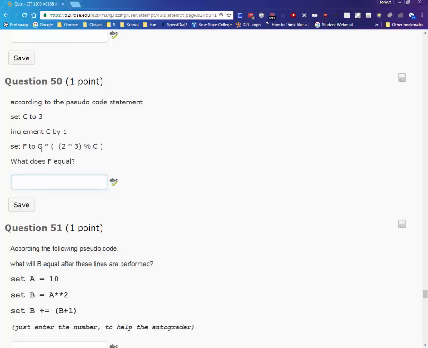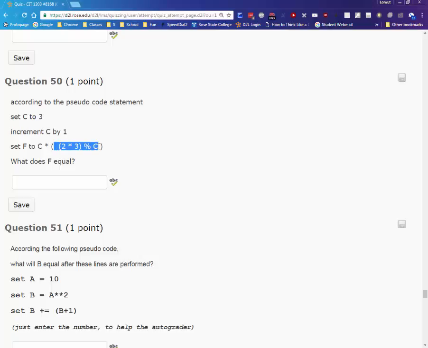Let's see if we can do it in our head. C is 3, and then we're going to increment C by 1. So at this point, C is equal to 4. Now we're going to calculate all this and store it into F. We have to start solving it inside out. We look for the parentheses. 2 times 3 is 6. What is 6 modulus 4? Well, 4 goes into 6 one time with a remainder of 2.